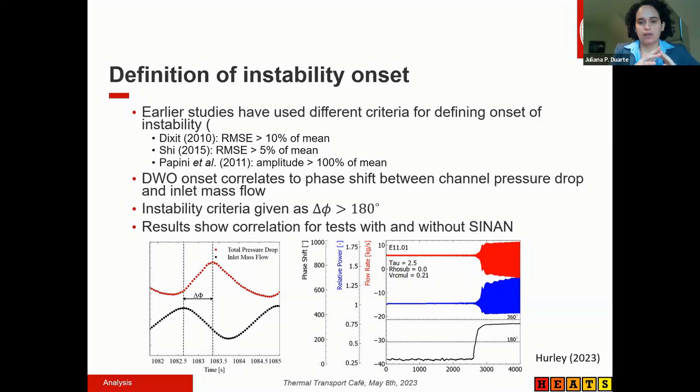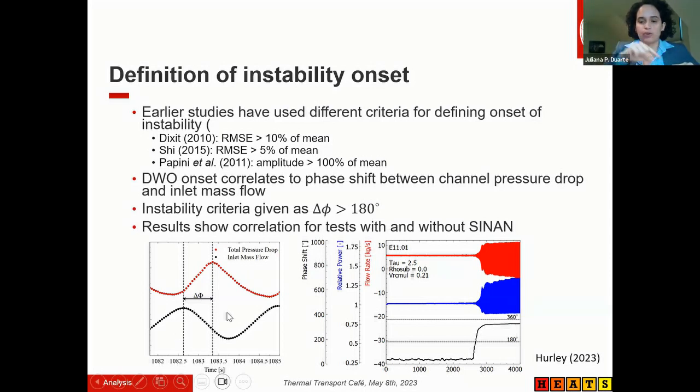So in order to have consistency in our analysis, we propose a phase shift criterion to define the moment where these oscillations are growing, and then we characterize that as an unstable condition. We did that for all the experiments with and without the neutronic feedback, and we can very clearly see that the total pressure drop and the inlet mass flow have a phase shift between them, defined here on the left.